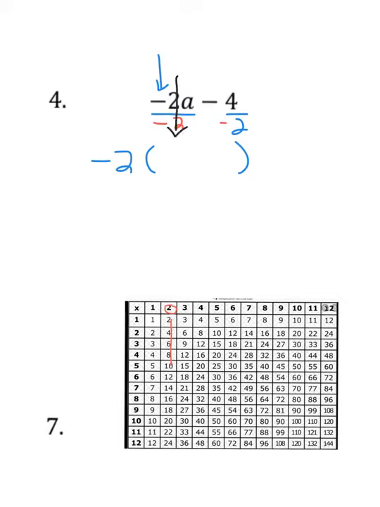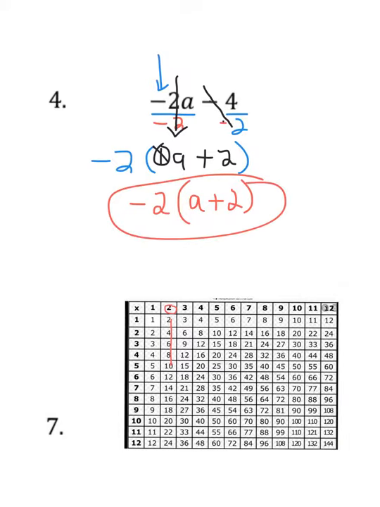Negative 2 divided by negative 2 is a positive 1a, and a negative 4 divided by negative 2, see the 2 negative signs right there? That'll give me a positive 2. This 1 right here is clutter, so we will just write out for our final simplified expression, negative 2a plus 2. Simplified expression.